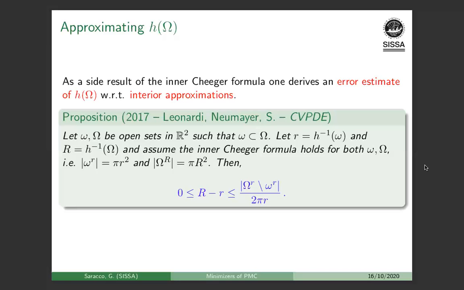You approximate big omega from within the interior with small omega, and then you can approximate the Cheeger constant of big omega with the one of small omega, and you can control the error. And this formula tells you how much you're away from the correct value.